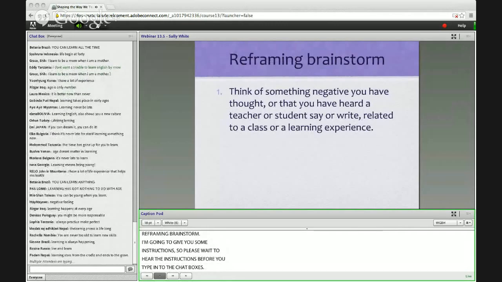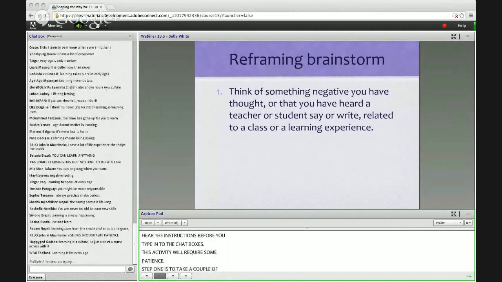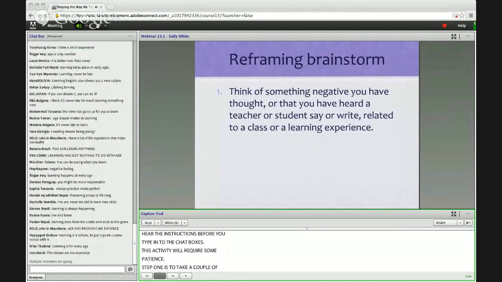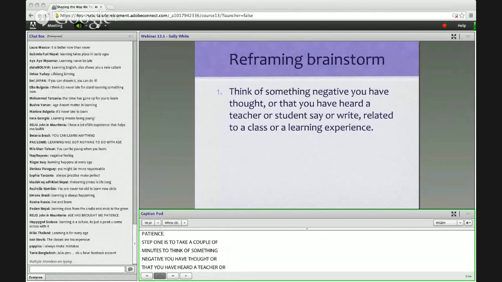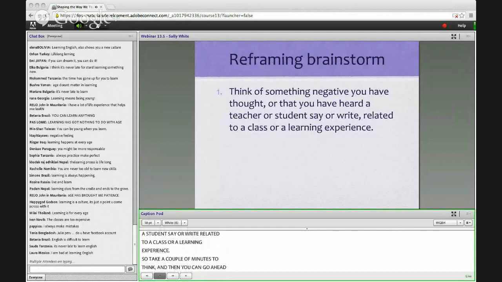So step one is to take a couple of minutes to think of something negative you have thought or that you have heard a teacher or student say or write related to a class or a learning experience. So take a couple minutes to think, and then you can go ahead and type into the chat box on the left of your screen.